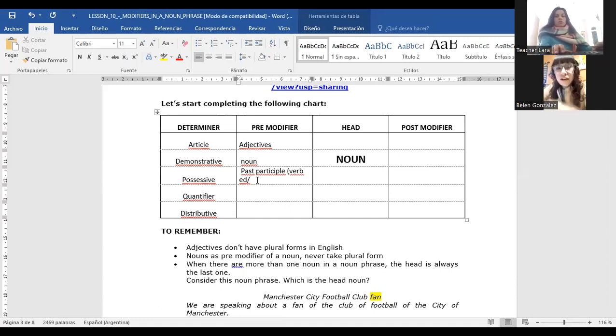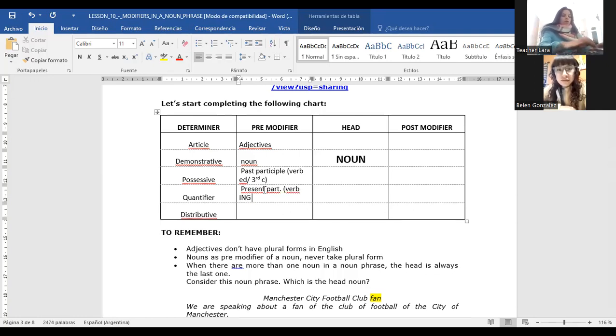The third column. Very good. Okay, third column. That's the past participle. Okay, what other two examples? Present participle. The present participle, which is the verb with ing. Verb with ing. Excellent. And the gerund. The gerund is also a verb with ing.